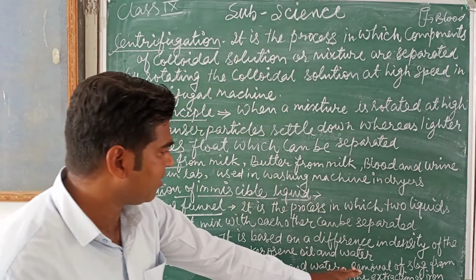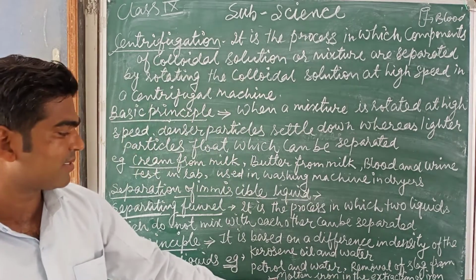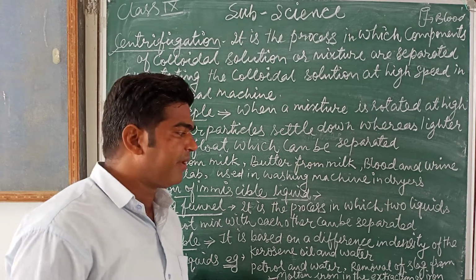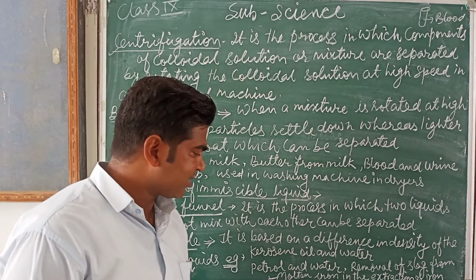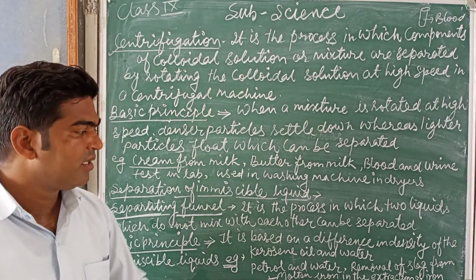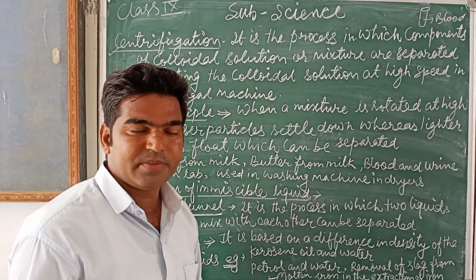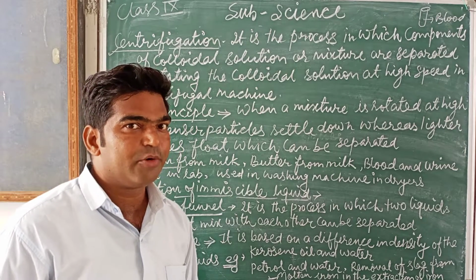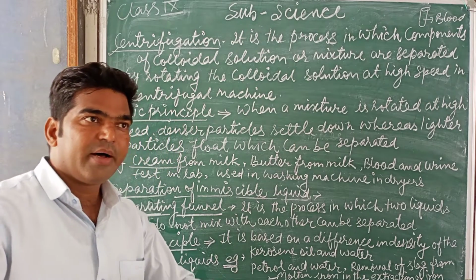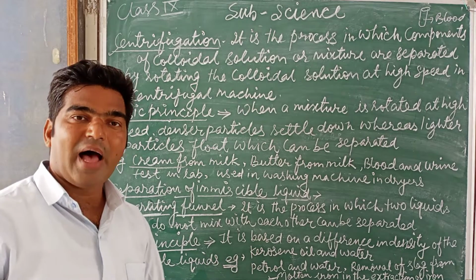Okay, so these are the most important examples. This can be asked in exam, that by which methods can you separate slag. Slag means what? Impurities. So how can you separate impurities from the molten iron?